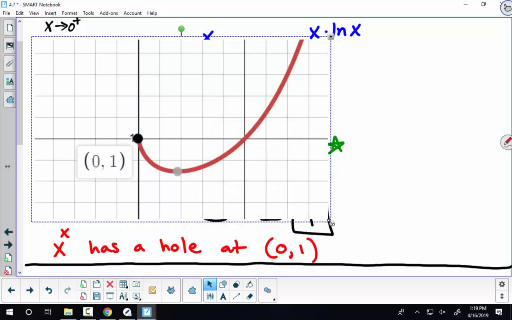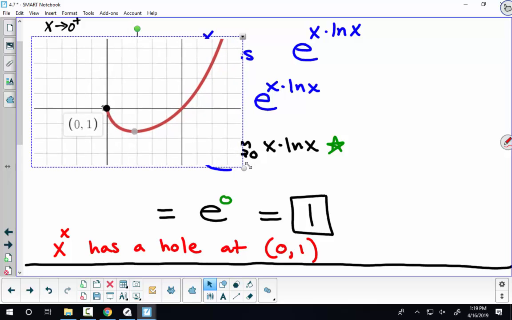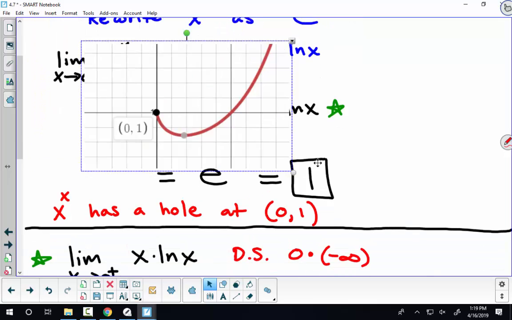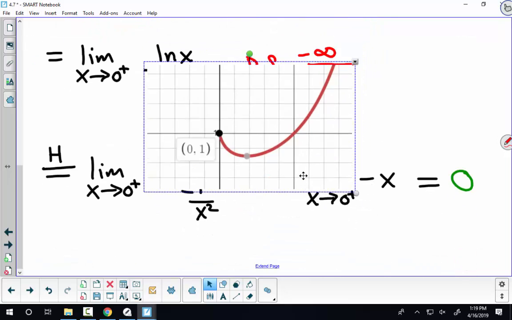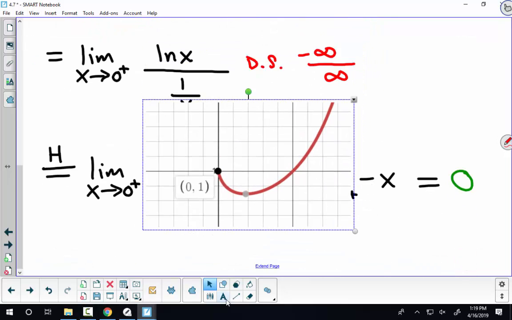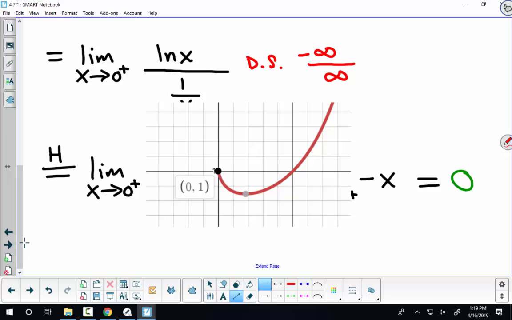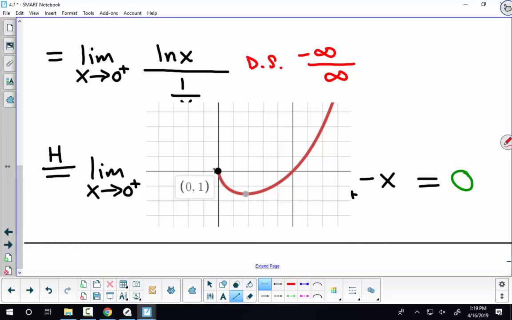I wouldn't have you graph these, but a lot of times when you compute a limit, it's important to know what that's actually telling you about a function. We saw in some instances, it didn't really matter. We were just computing a limit, right?